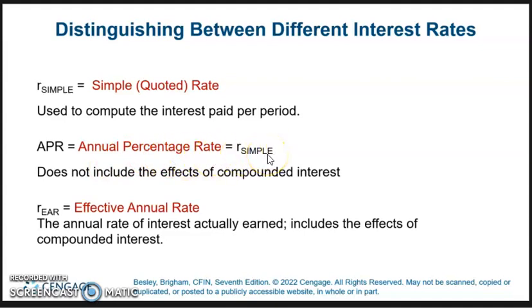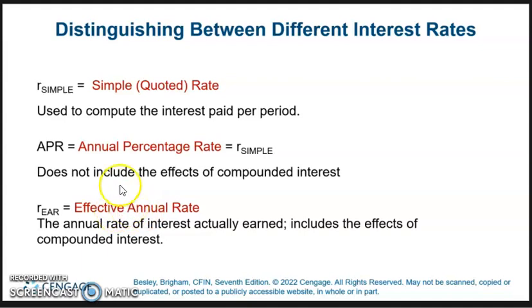For the most part, investment returns are calculated at the effective annual rate, because if the compounding is greater than annual, the effective annual rate is greater than the APR.